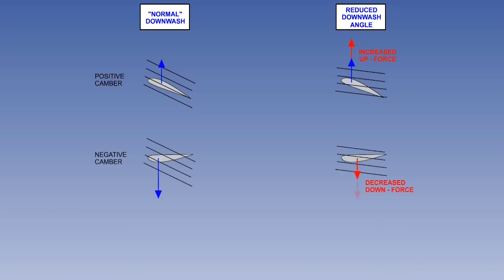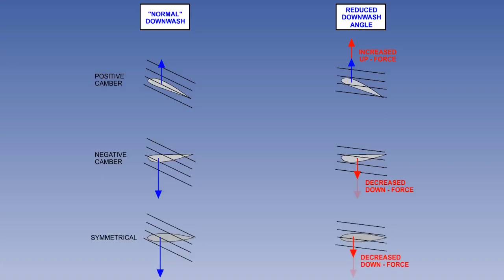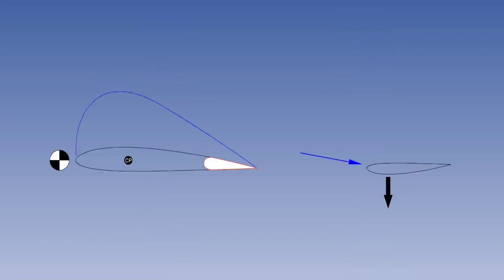If the camber is negative, the change in downwash produces a decrease in the downforce, and again the result is a nose-down pitching moment. With a symmetrical tailplane, the effect is similar to the negative camber, so it can be said that a decrease in downwash will always result in a nose-down pitching moment. The opposite is true of increased downwash.